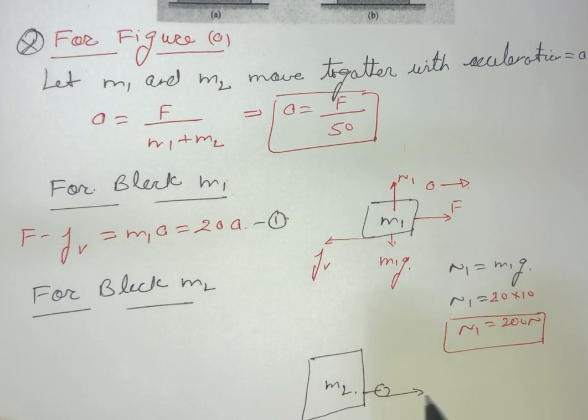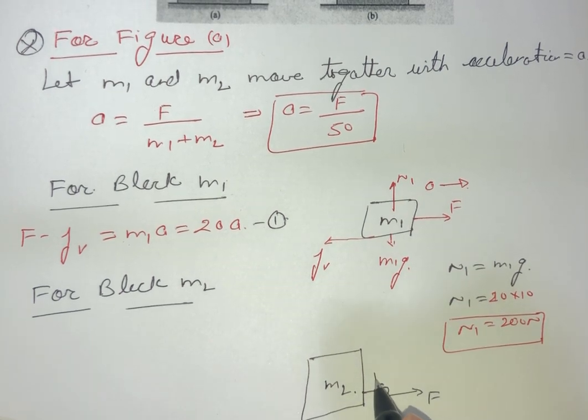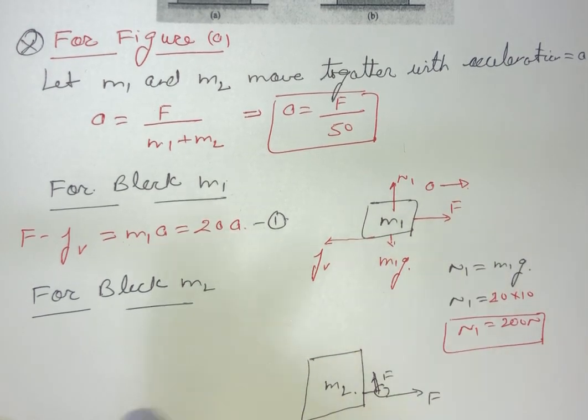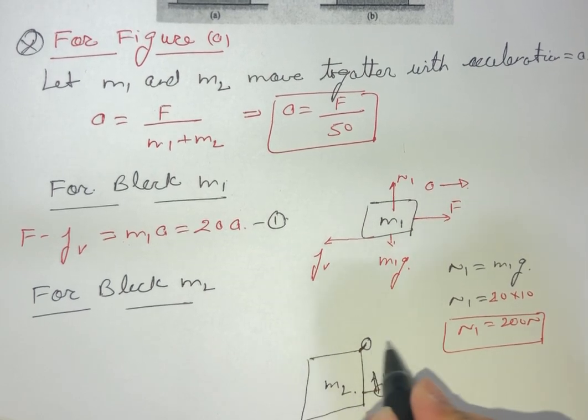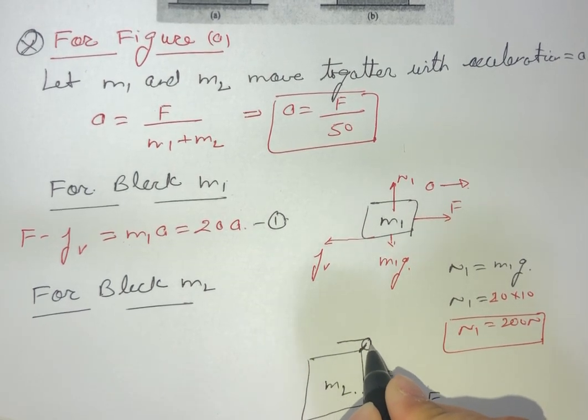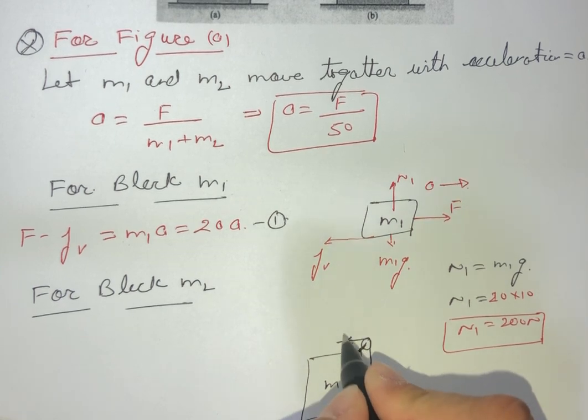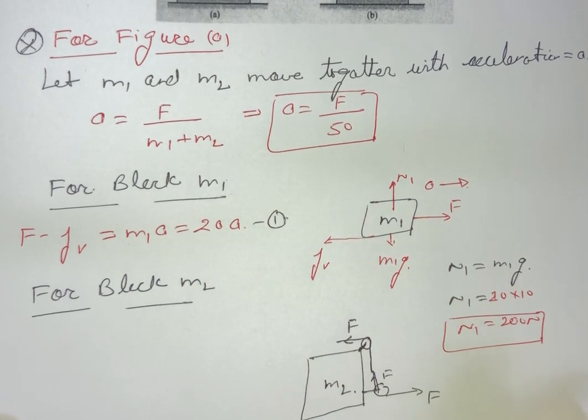A force F is being applied in this direction, and in the upward direction there will also be F, but in the vertical we are not much interested. We are interested in the horizontal part, and here is also a pulley, and it will be in this direction, and this will be F here.